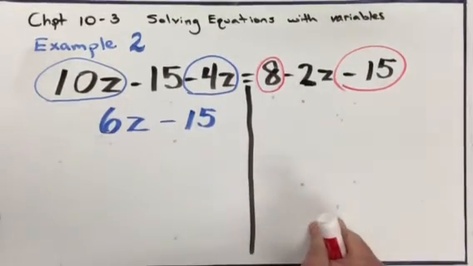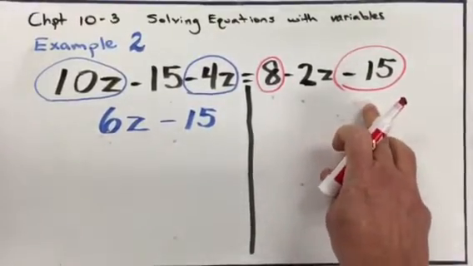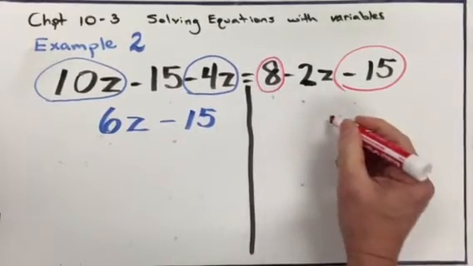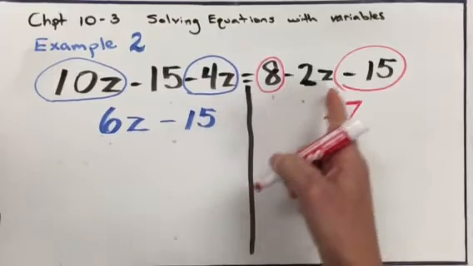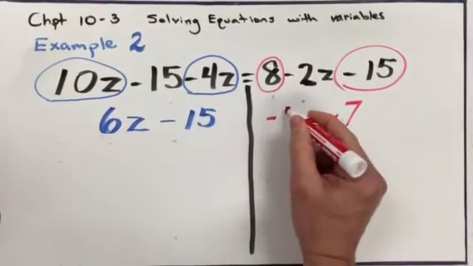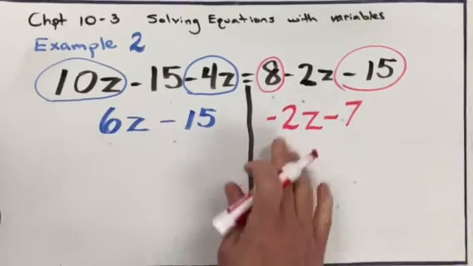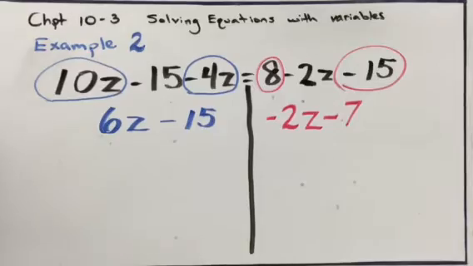Red and yellow will cancel out, and I'll be left with 7 red squares. So that is written as minus 7. And I haven't done anything with this, so this still gets written as minus 2z, or negative 2z minus 7 is the other way you could say it.